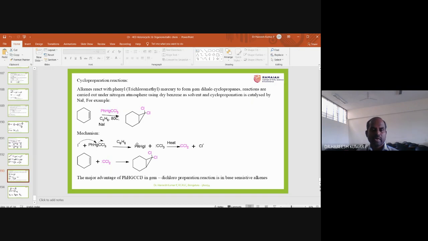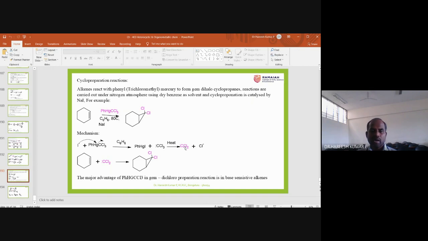So here I have written a mechanism. This reaction is catalyzed by iodide, sodium iodide, I minus. I minus can form a bond with this mercury. The CCl3 anion is going out. This is the CCl3 anion, meaning two bond pair electrons here. So this one Cl is going out. Then it is called a carbene, this is dichlorocarbene.